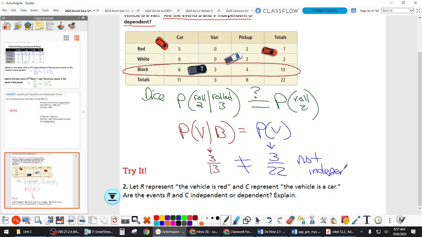Tell me what that means. Knowing that it's not independent, what does that mean for the scenario? That all of the vans are black? It doesn't necessarily tell us that. Pretend you don't have the table to look at. All you know is that those two probabilities are not independent. So what does that mean about the actual scenario?